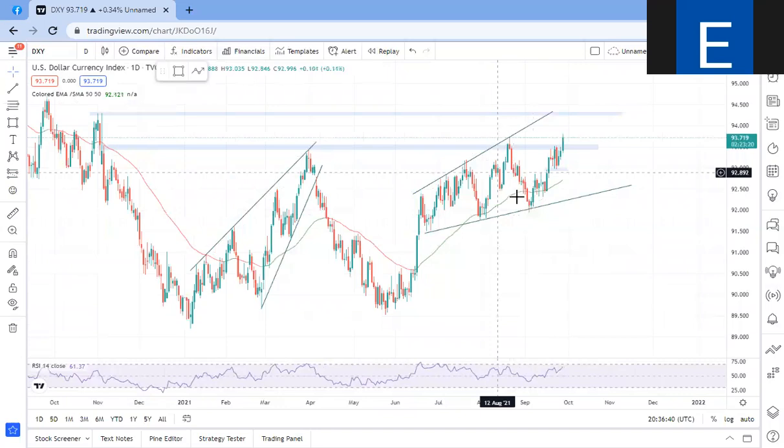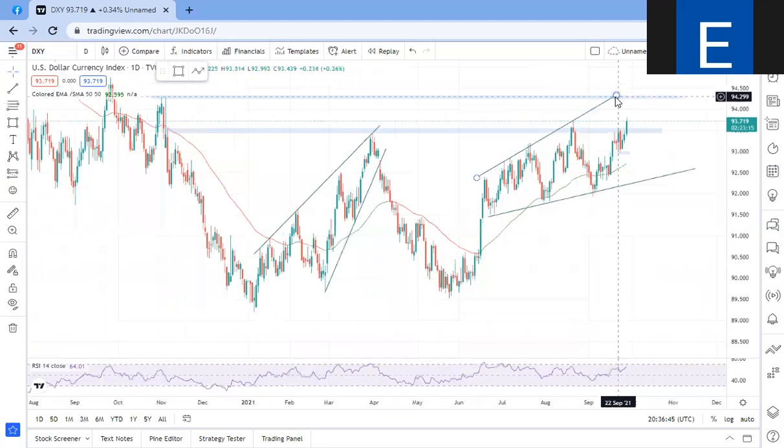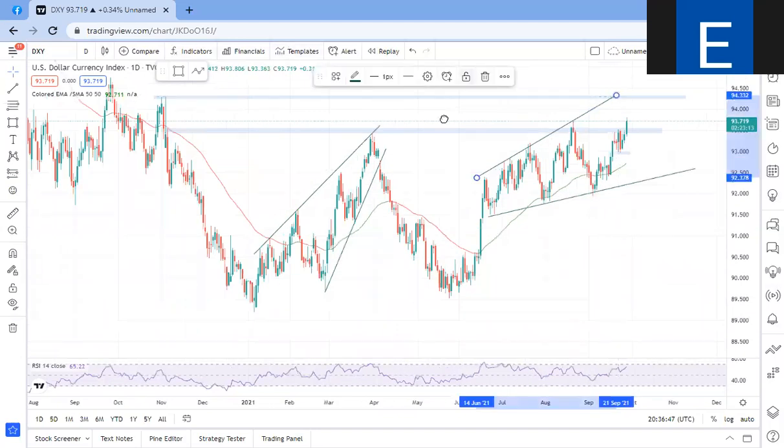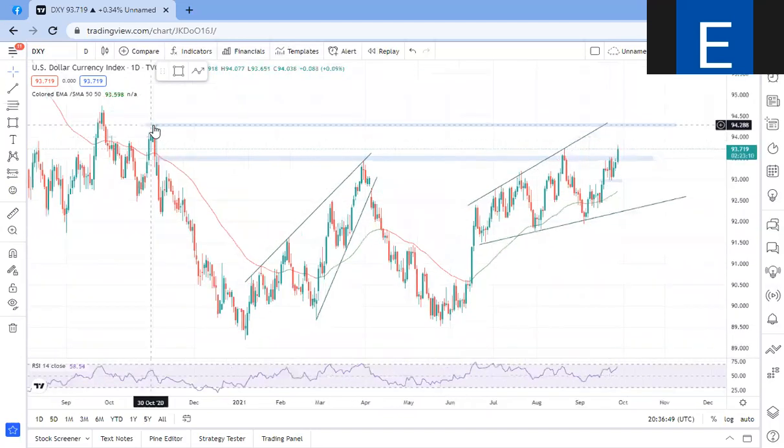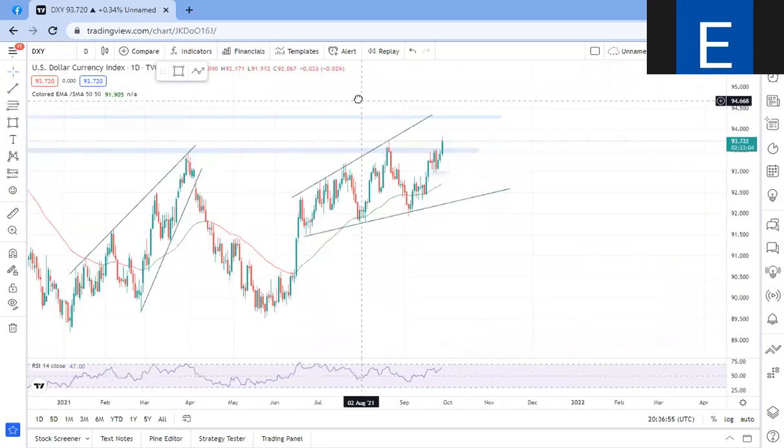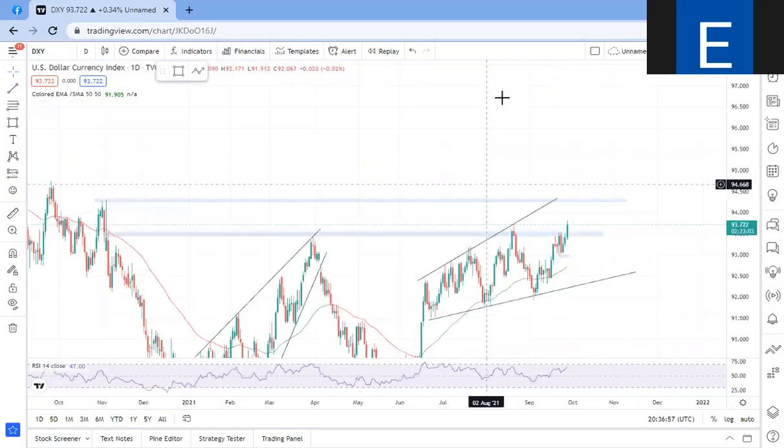Price will just be expanding in that type of nature. You can see this was a resistance. This is my area where I'm high currently. I'm currently looking at these areas for possible sells of the DXY.